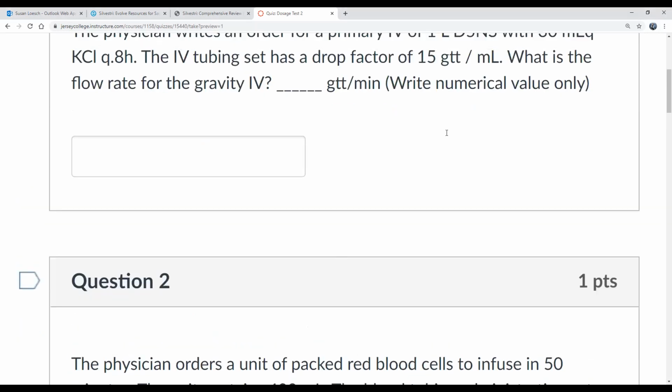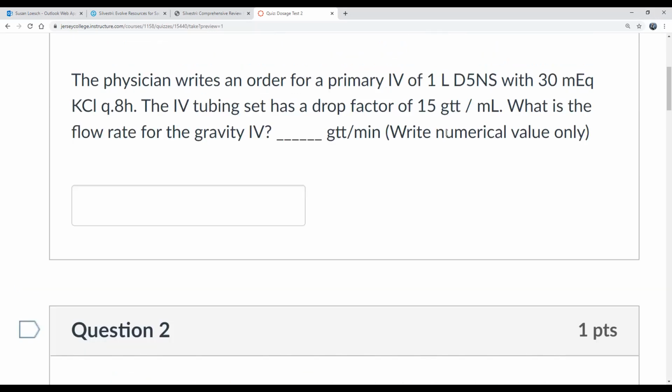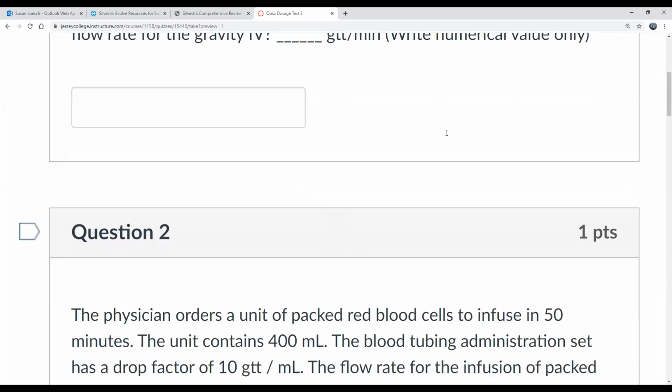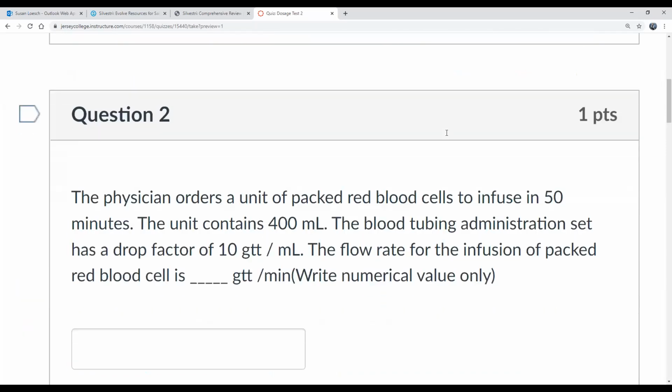Times 15, correct. 31. 31, that's what I got. Everybody get 31? Yes.